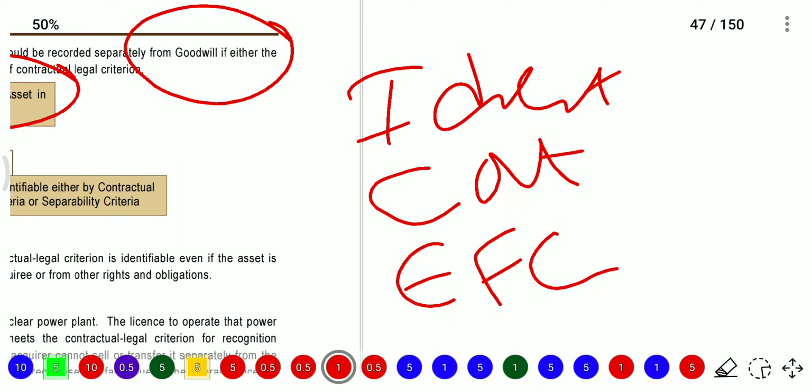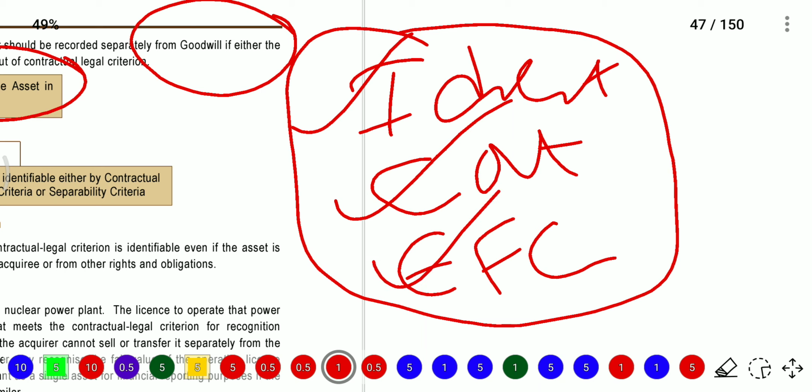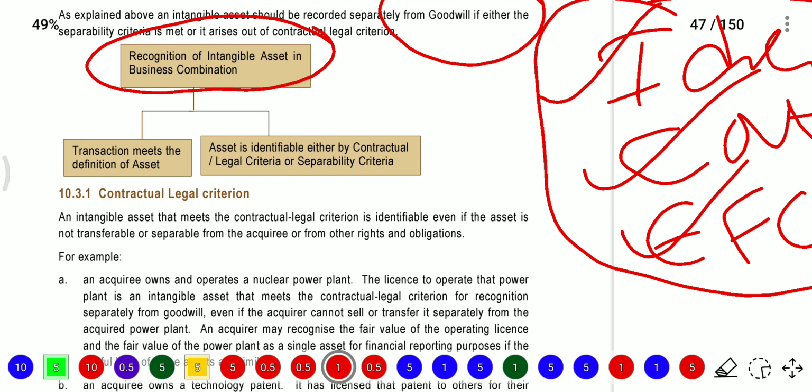So this definition must be satisfied, then only we will recognize the intangible assets. One is identifiable and control over the asset, and it has future economic benefits, then only we will recognize the intangible assets. As per Ind AS 38, an asset is identifiable.